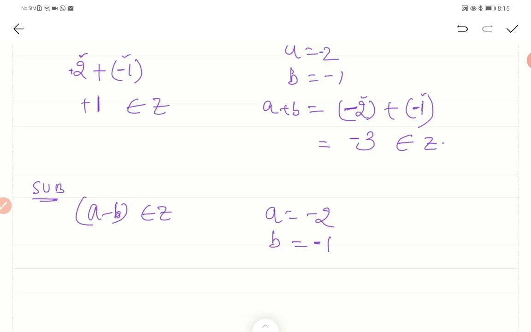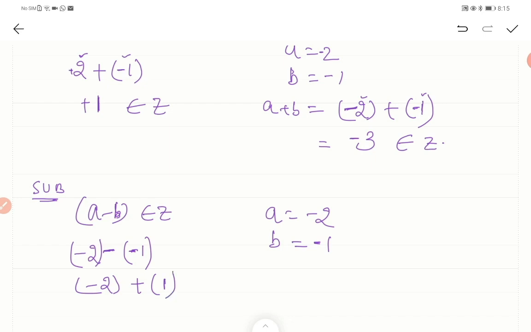So minus 2 minus 1; if you have any doubt, I can convert this into plus: minus 2 plus the additive inverse of 1, which is minus 1.